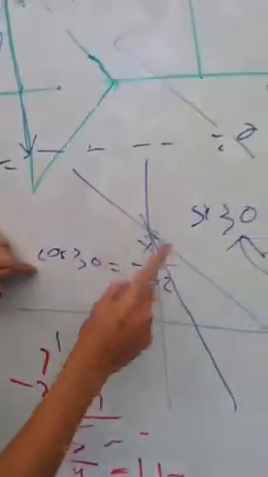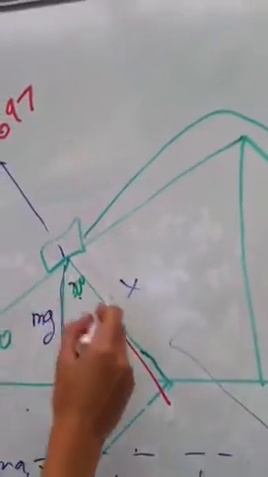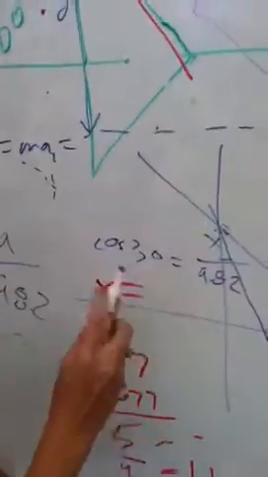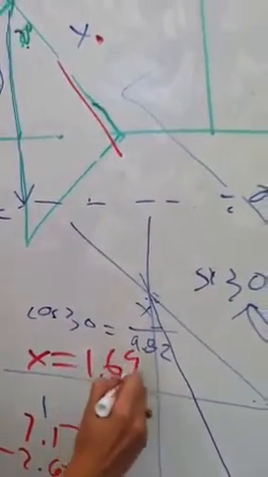Cosine of 30 equals adjacent over hypotenuse, because we're finding this. That equals x, your normal force, which is 16.97.